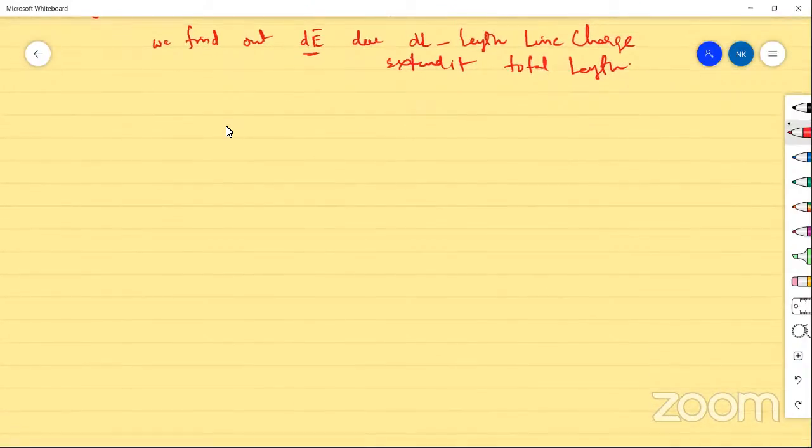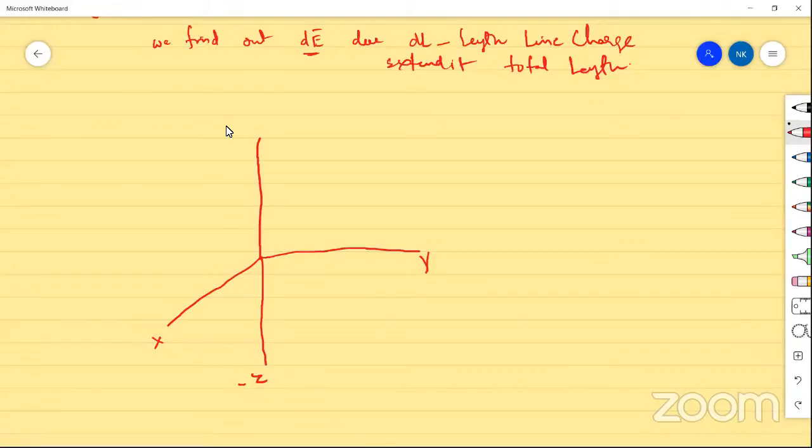Okay. So let us consider a coordinate system. This is x-axis, y-axis, z-axis, negative z-axis, positive z-axis. Okay.